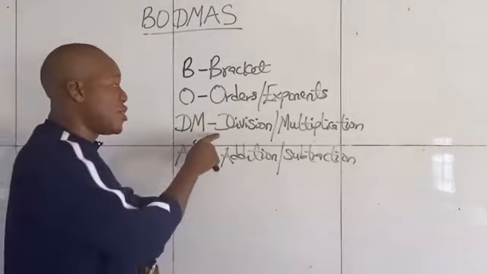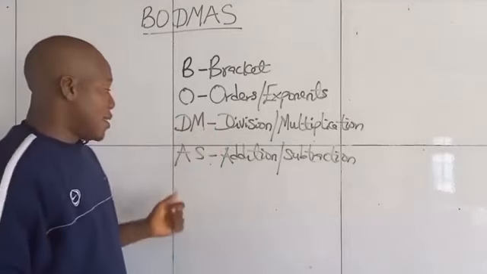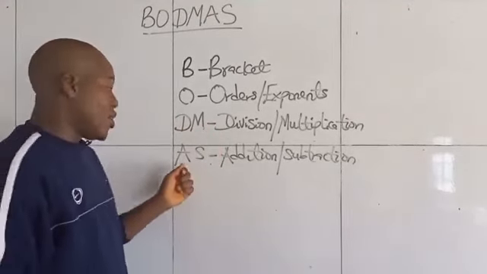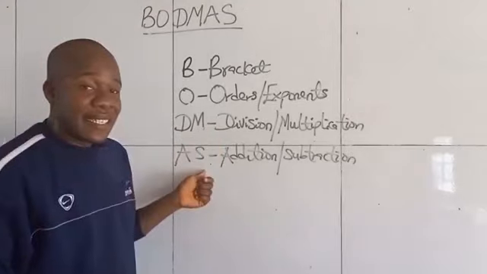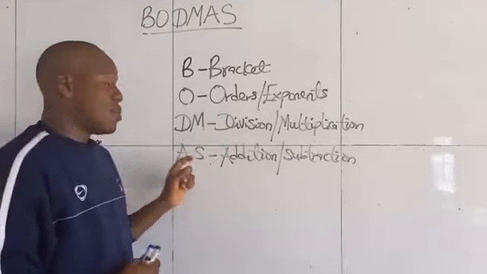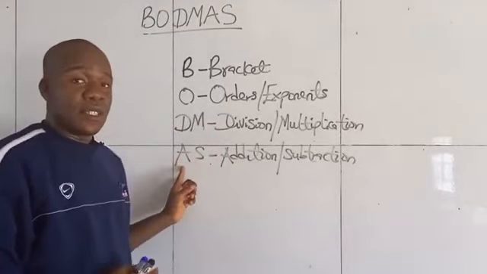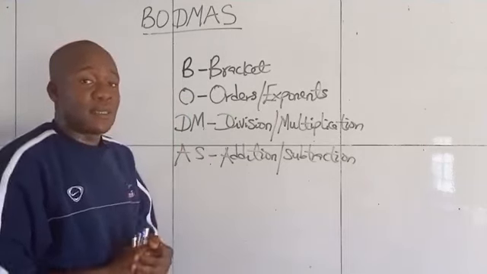What it means is that if we have an expression involving division and multiplication, you simply solve the expression from left to right, not minding the one that comes first. They have the same weight. The same thing happens with A and S. Addition is not necessarily before S, that's subtraction, and subtraction is not necessarily before addition. So when we have an expression involving addition and subtraction, we simply solve from left to right, not minding the one that comes first. So this order must be maintained while solving mathematical expressions.